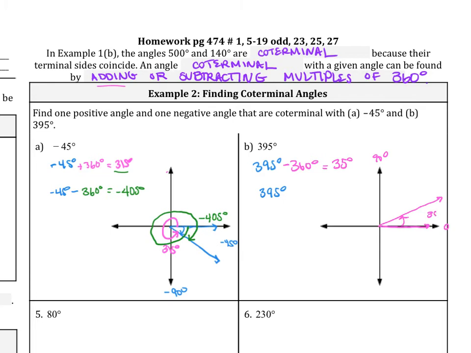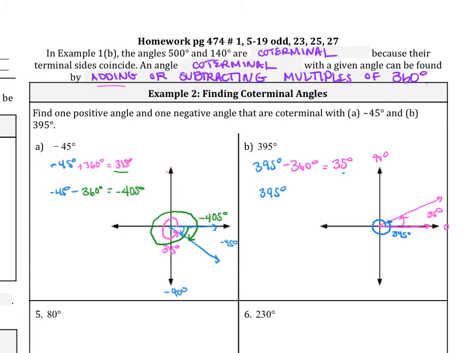So there's 35 degrees. Now 395 degrees, just to kind of draw that out, that starts here, and then it rotates one full circle and then ends up there. So our blue is 395 degrees. Now if we want a negative angle, so notice if I already subtracted 360, I'm going to have to subtract another 360 here.